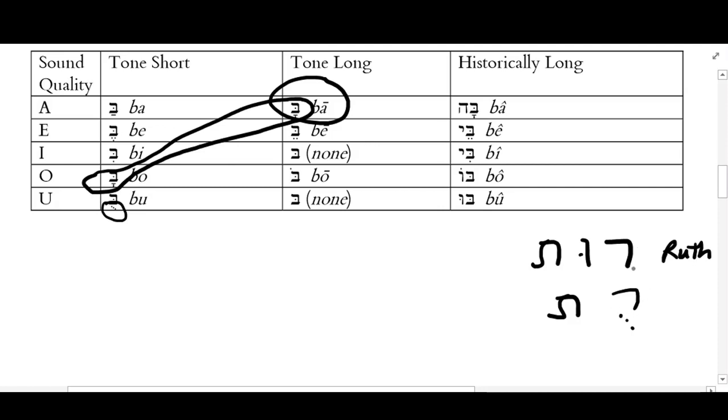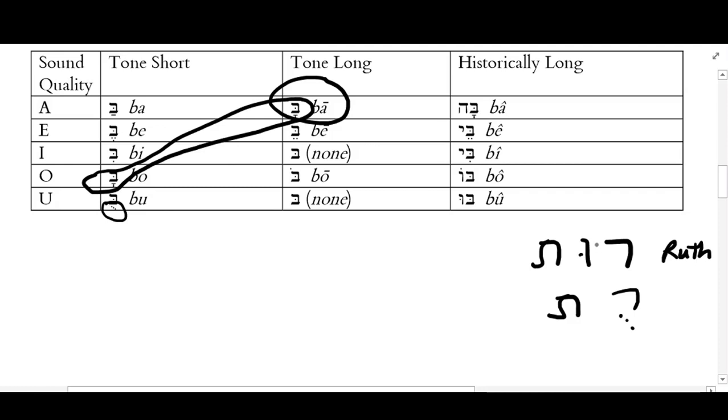These would both still be pronounced the same way. This kibbutz really stands for a long U, but since there was no mater added, the Masoretes didn't add their own. They just added what they could, and that was the kibbutz from over here.